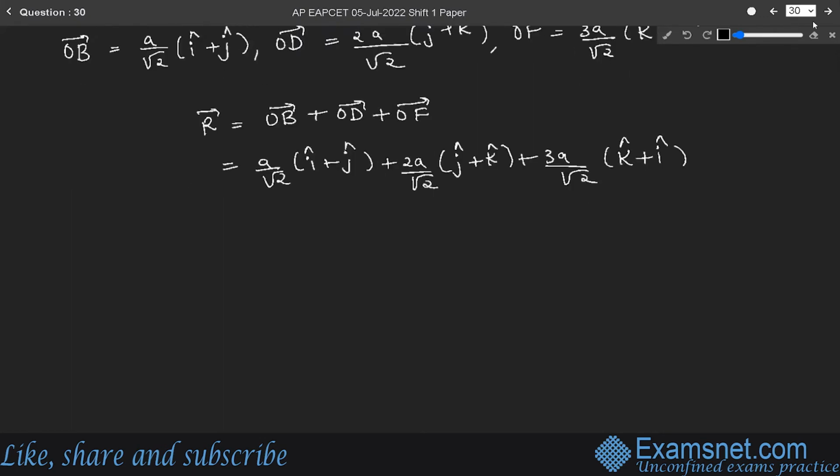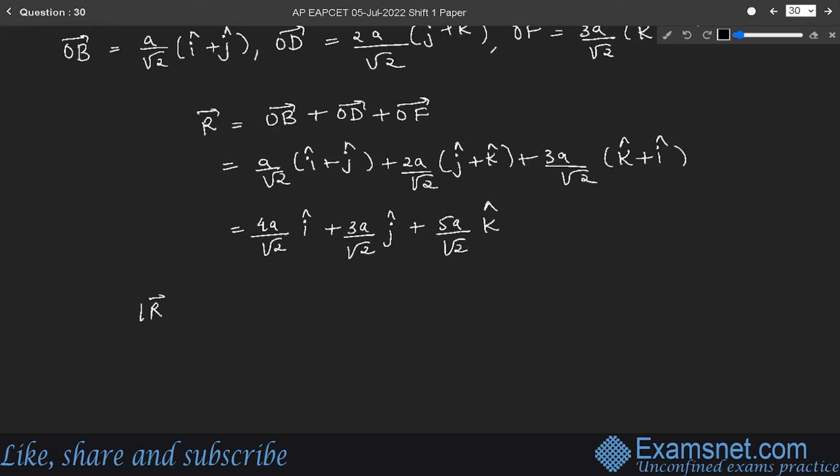On further solving this, it will be equal to 4A upon root 2 I cap plus 3A upon root 2 J cap plus 5A upon root 2 K cap. This is the resultant vector.